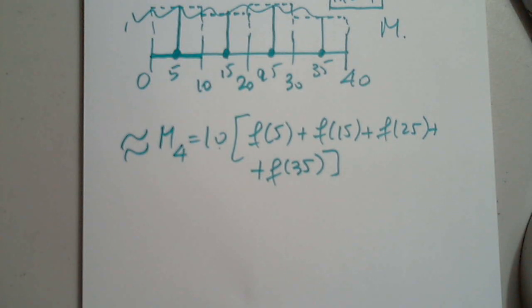and I go to stats, and now I want to calculate something. I will use one variable stats, and I want list L2. I want to see the sum of the numbers in list L2. And I press enter.